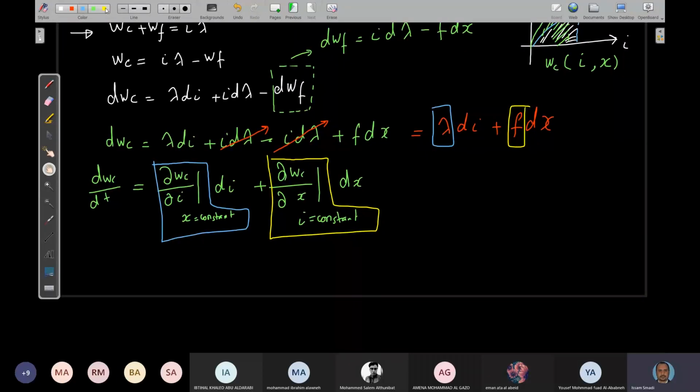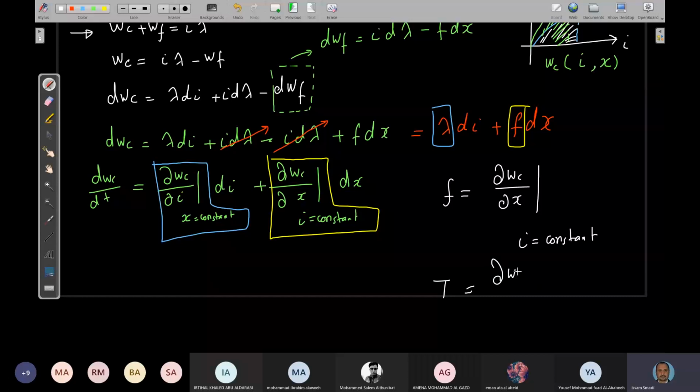So now I can calculate the force, which equals partial omega C by partial x when I is constant. And if I need to calculate the torque, it will equal partial omega C by partial theta, sorry, the torque is connected to the angular motion. So partial omega C by partial theta when I is constant.